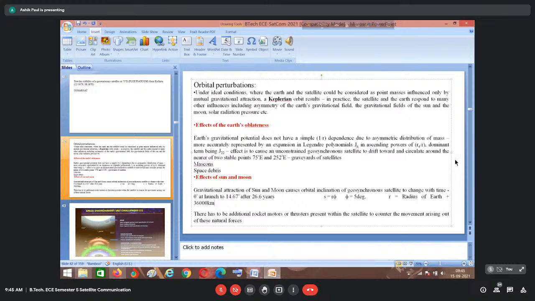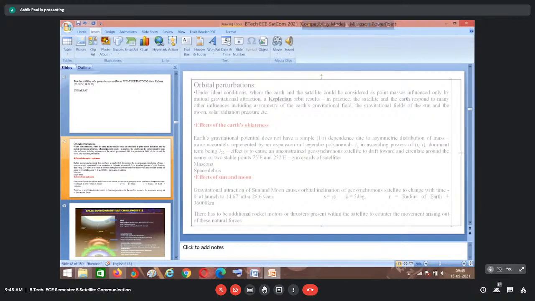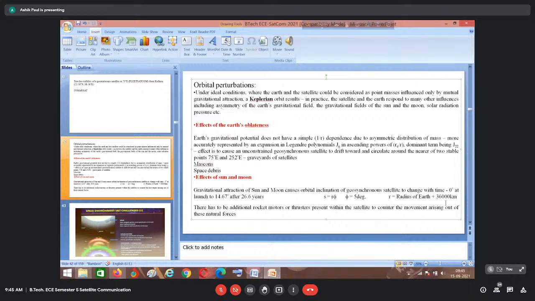So when you have this kind of a situation, we can easily calculate that it will be close to 42,000 kilometer. Can you follow me? Can you follow this? That 36,000 plus the radius of the earth, so that's like 42,000 something. And if the phi is 5 degree, then this becomes how much? 42,000 into 5 simply, right?